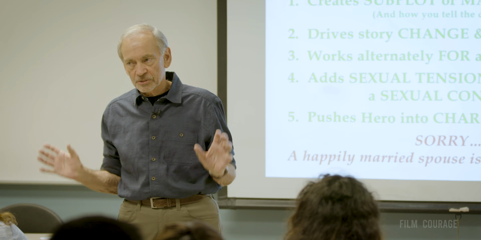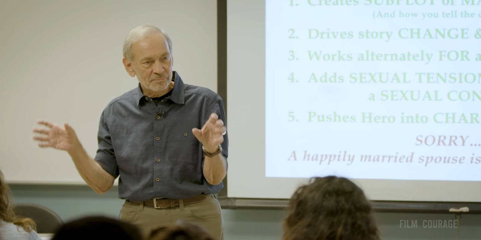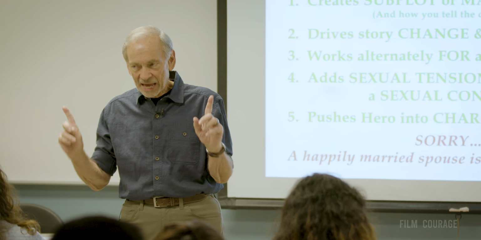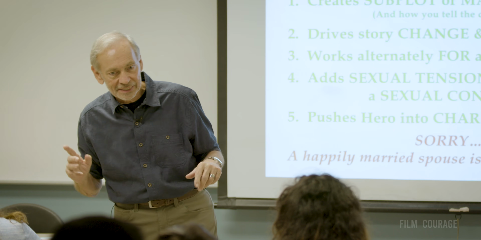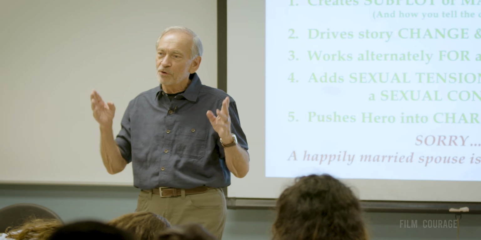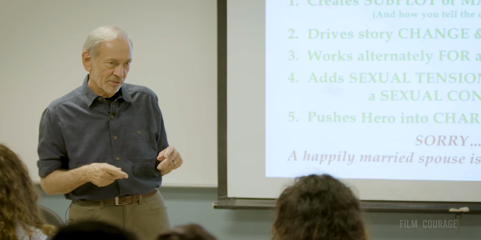And the married spouse at home becomes that category of character that they turn into: the endangered innocent, not a love interest. They become the goal of those two astronauts.